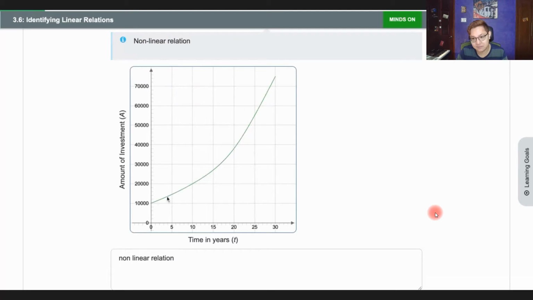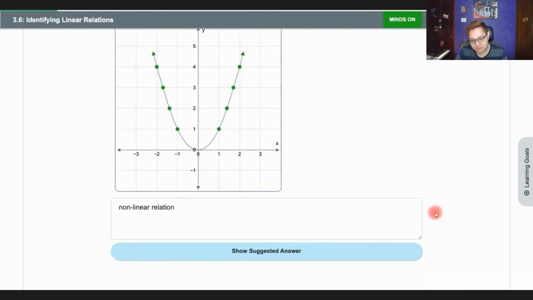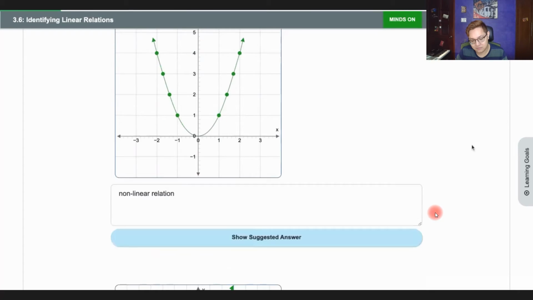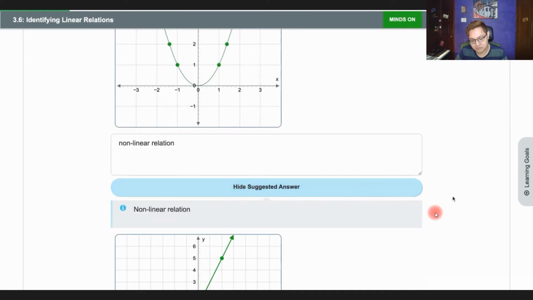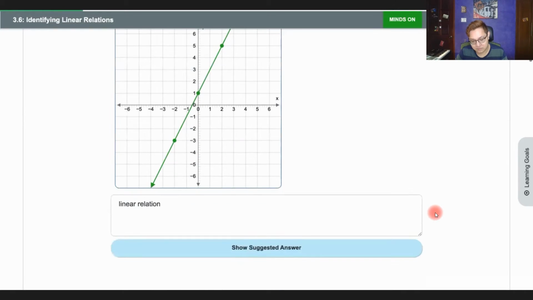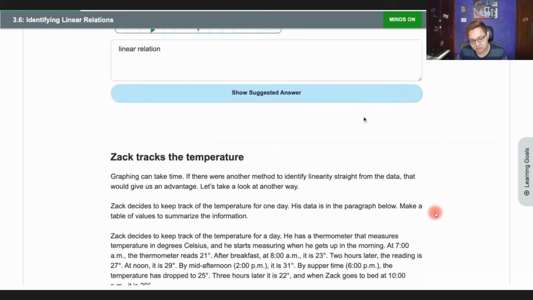This one is also not a linear relation because it's all curved and doesn't really have a point. This is also a non-linear relation. This one's a linear relation because it's straight and you can see where it's coming from and the point.